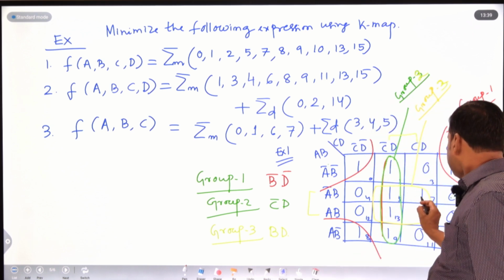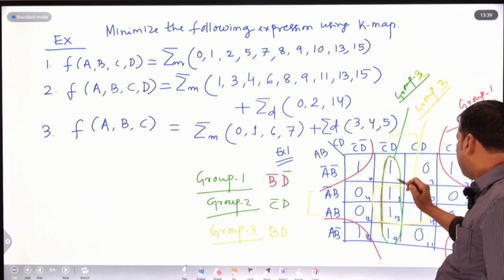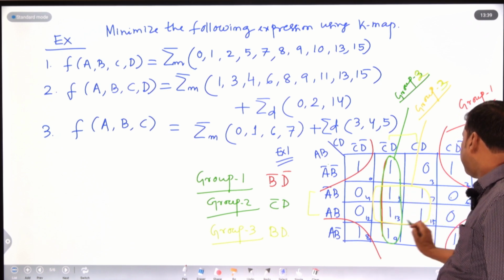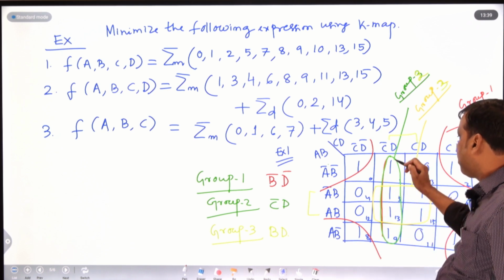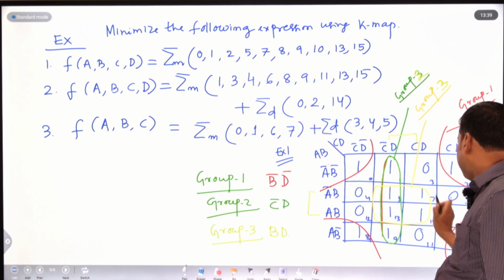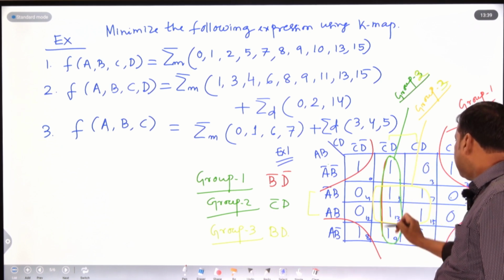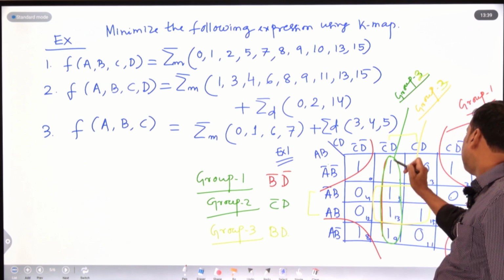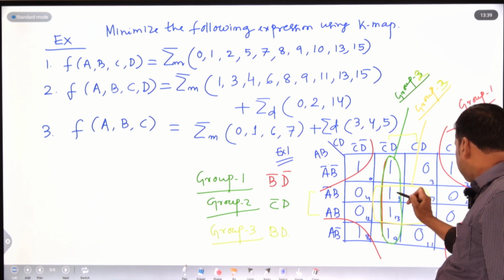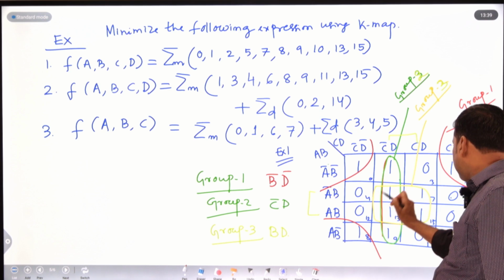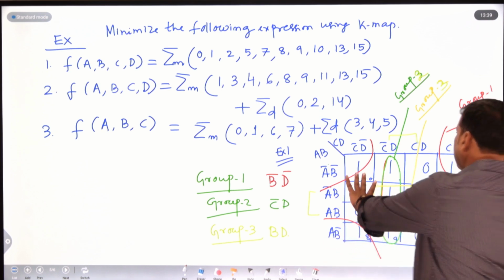Here, this one is already covered with this group, no problem. You can form a quad also. If you consider this quad, this 2-1 is already grouped with this group, so using this 2-1 it can be combined with a quad. So the 4 corners form a quad.